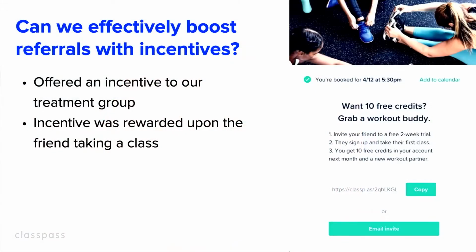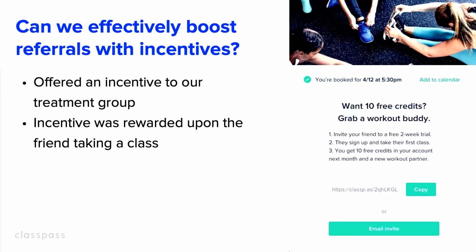So what we did was we thought, okay, there's a couple different ways we could have run this incentivization program in terms of what we incentivized our members with when they invited their friends, as well as when we provided the incentive. In this particular experiment, we thought, what would really inspire our members to go out and spread the word about ClassPass? What do they really want? Free fitness classes.